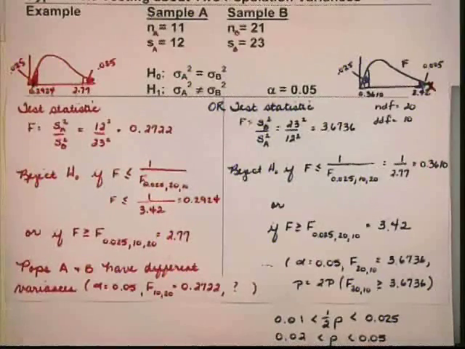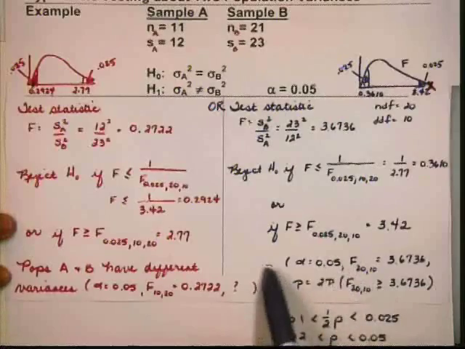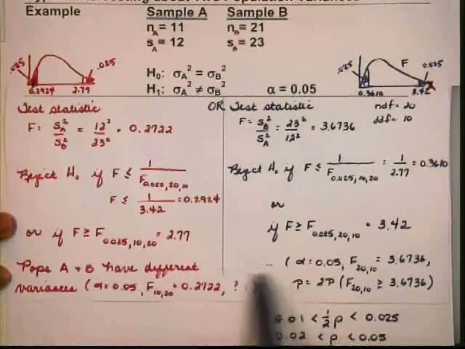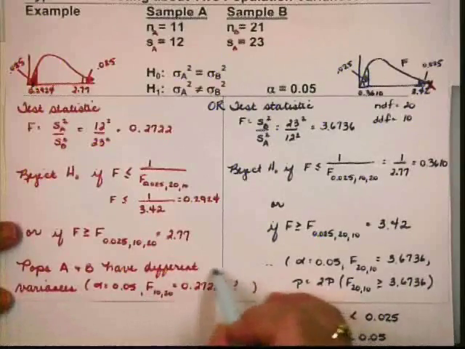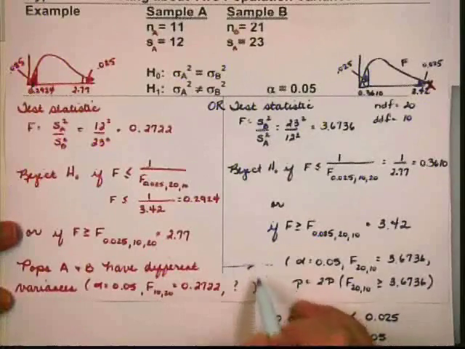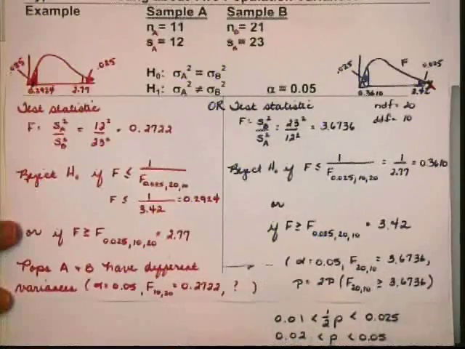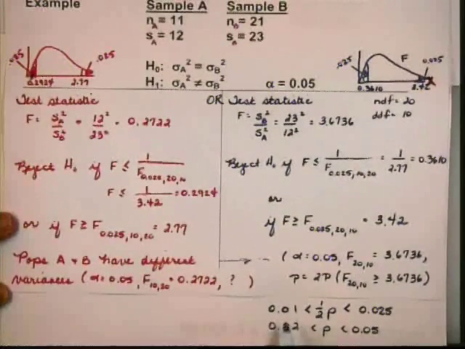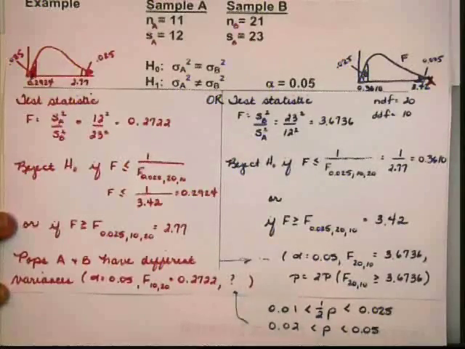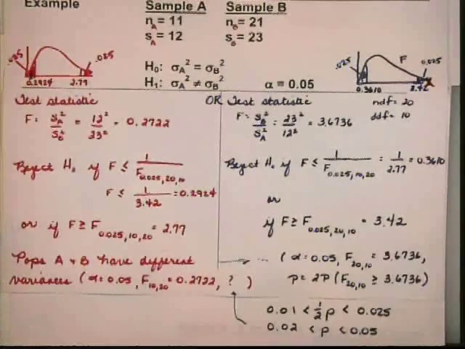I didn't write out our conclusion as it's exactly the same as what I said here. So here they are different. We'd have the same conclusion right here, that statement, and our p-value is small. So if we were here, we'd get that same p-value over here. So it doesn't matter which way I do it.